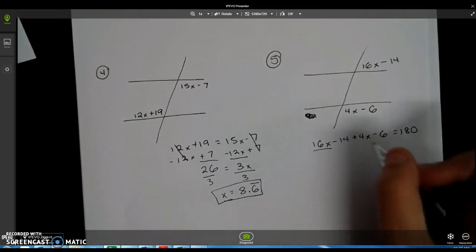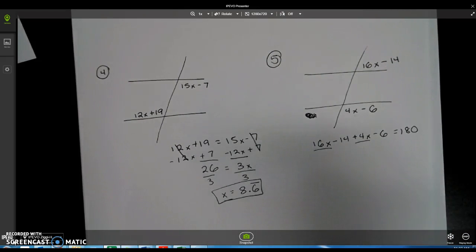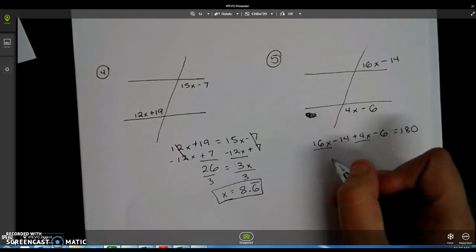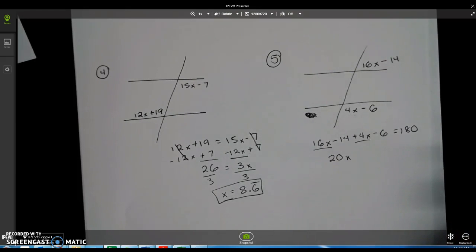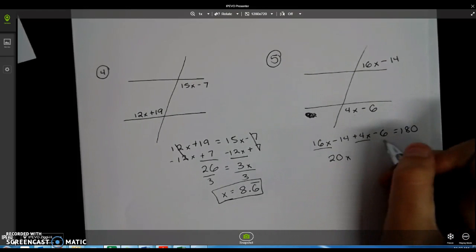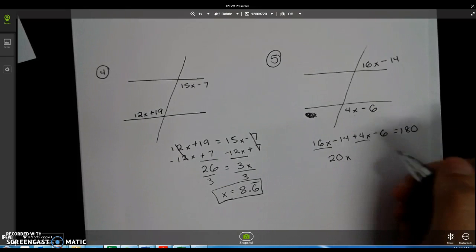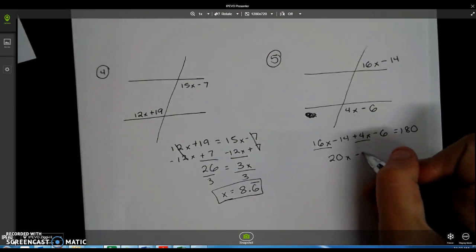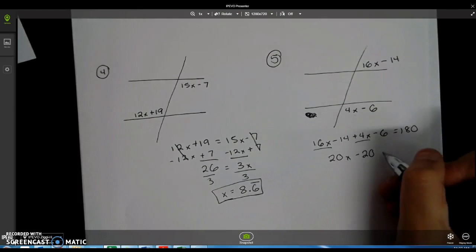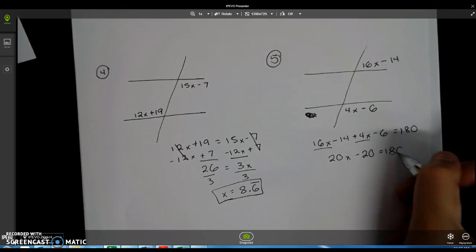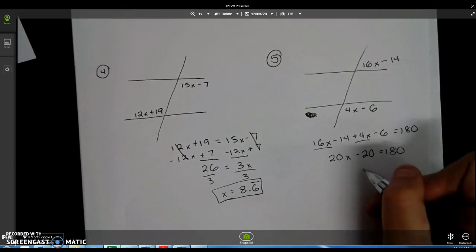Combine like terms. We're on the same side of the equal sign, so we do what the signs say, right? These signs say add, so I do that. These signs both say subtract, so when I subtract, I keep them together. I'm going to end up adding them, right? That's like adding two negatives together. Do the opposite.